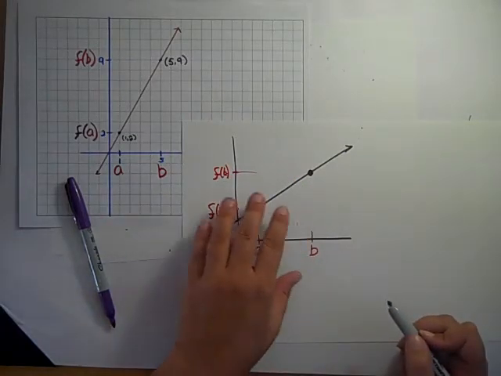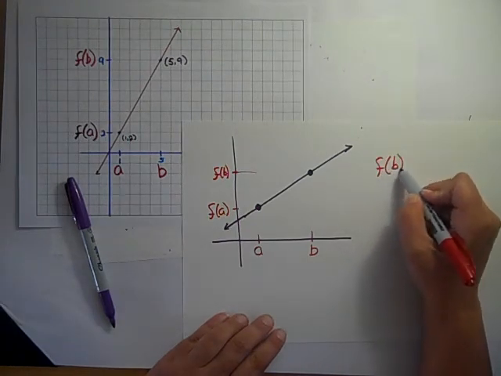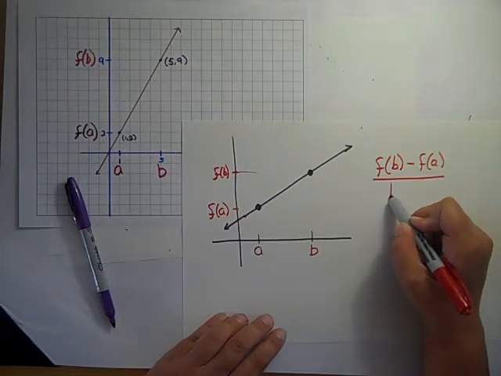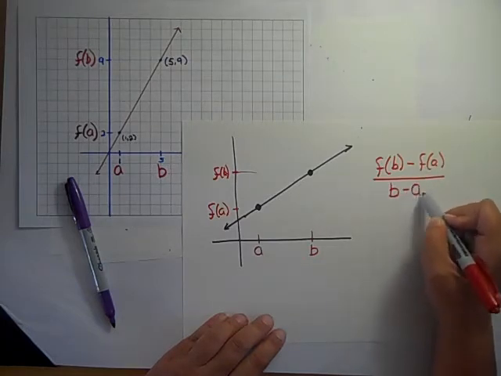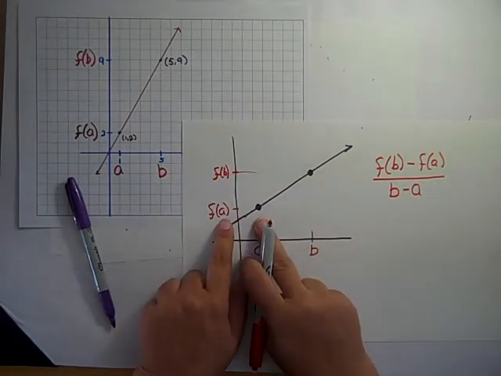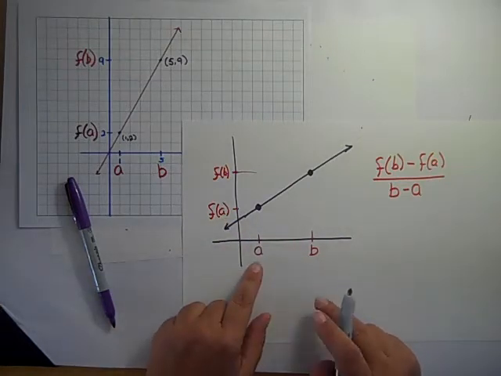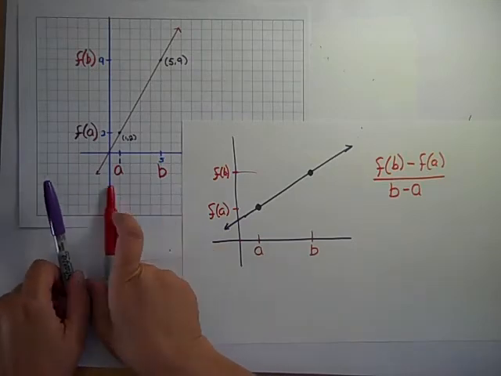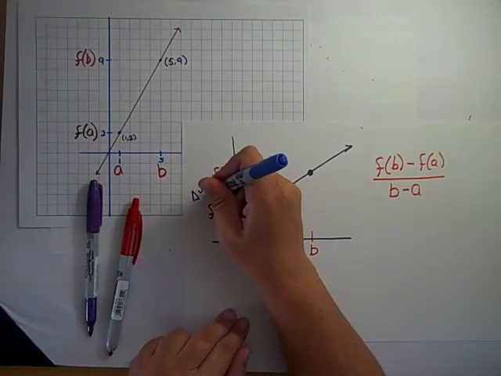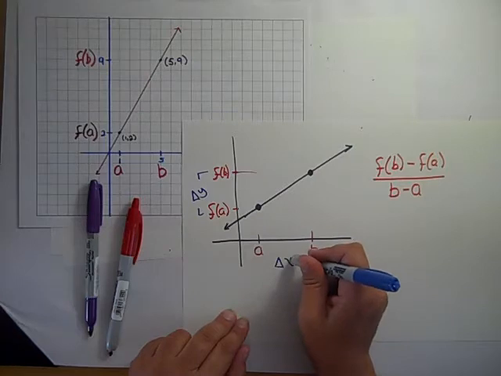And so if I ask you to find the slope of this, you could write f of b minus f of a over b minus a. It's exactly the same as saying y2 minus y1 over x2 minus x1. It's exactly the same thing as saying that we want the change in y over the change in x.